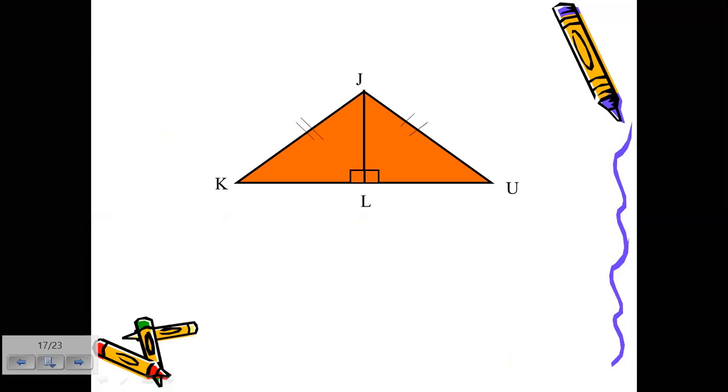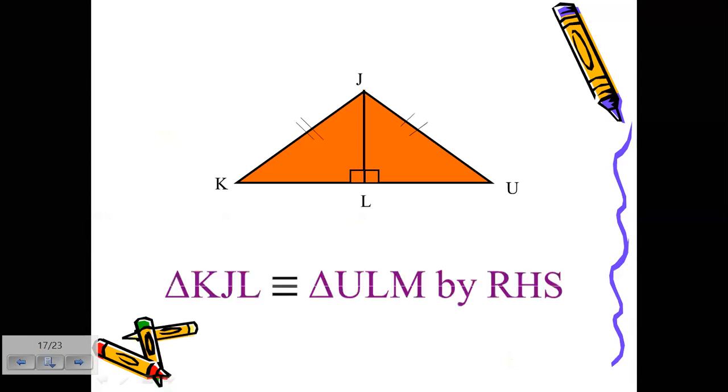So it's right angle, hypotenuse, side, RHS. Triangle KJL is congruent to triangle ULM by RHS, right angle, hypotenuse, side.